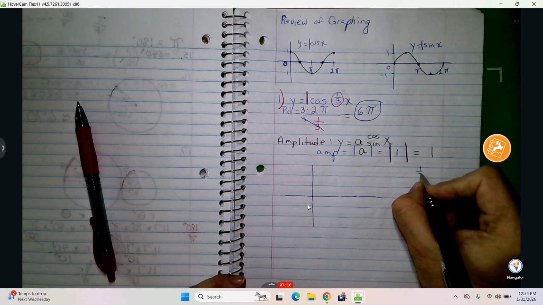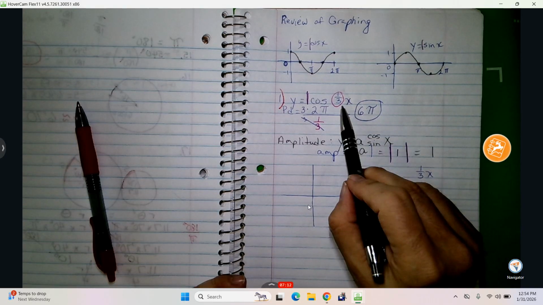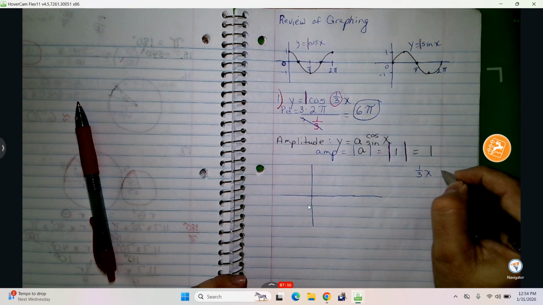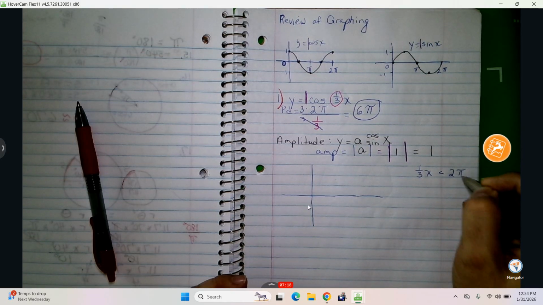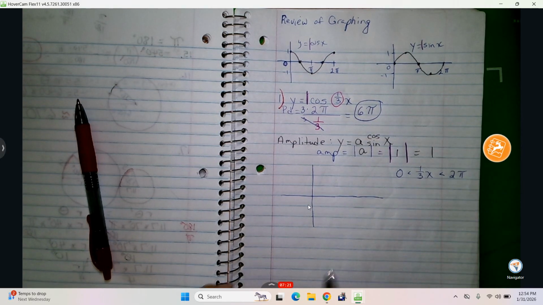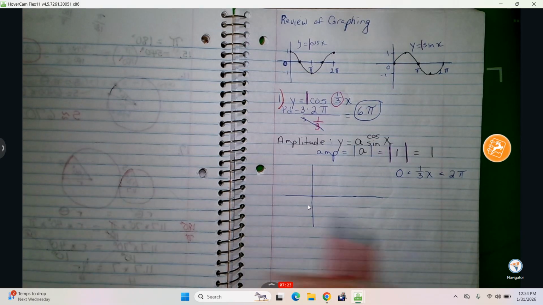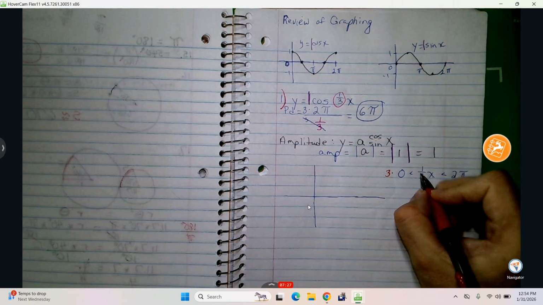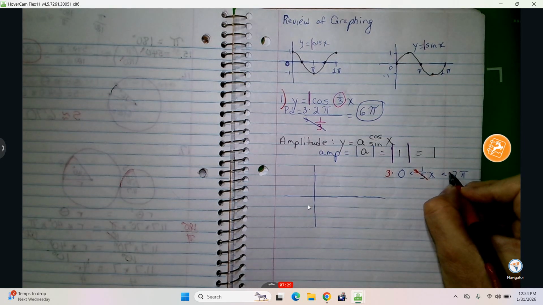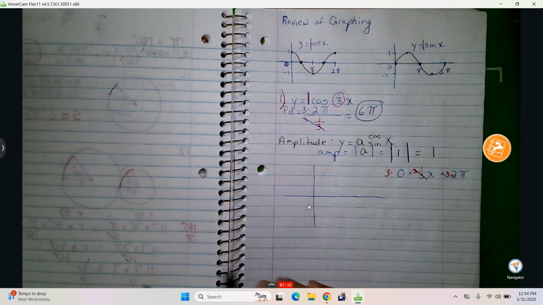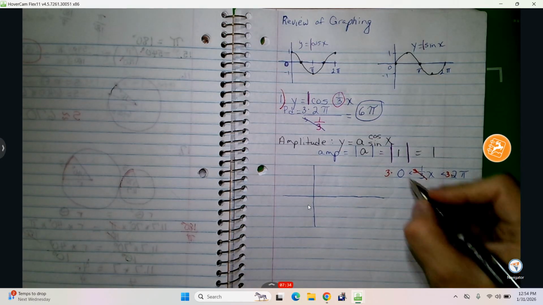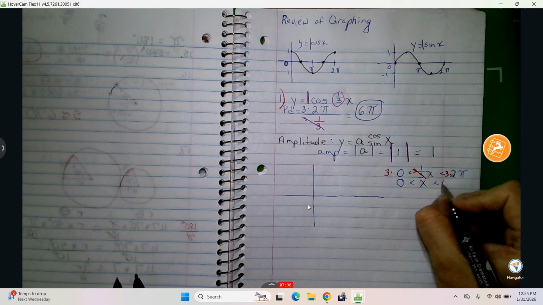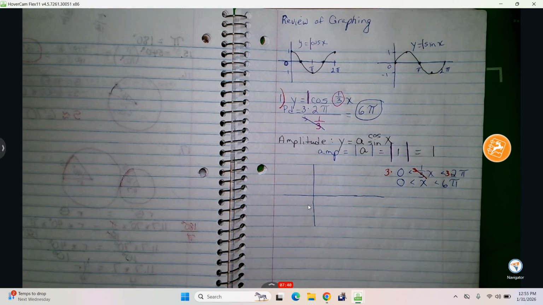To do that, I just take the angle, whatever comes after the trig function, and set it between 0 and 2 pi, and isolate the x. I'll do that just by multiplying straight through by 3. So instead of 0 to 2 pi, I'm going to be graphing from 0 to 6 pi.